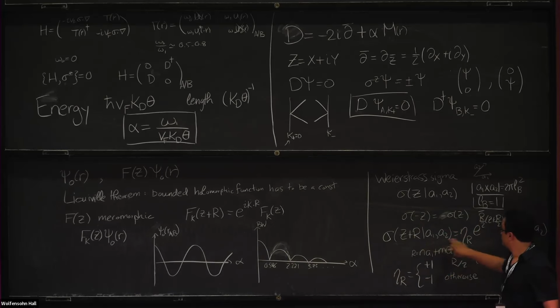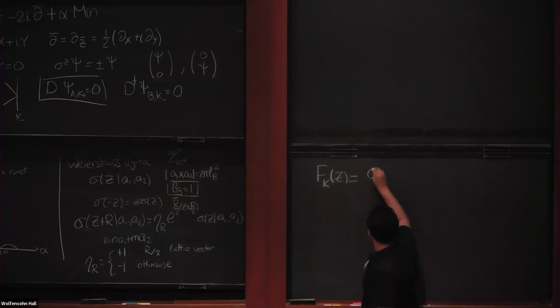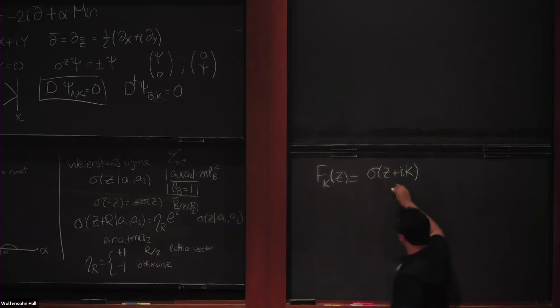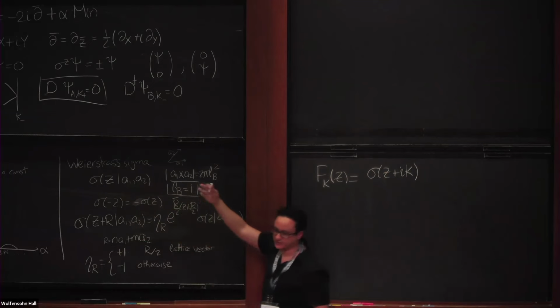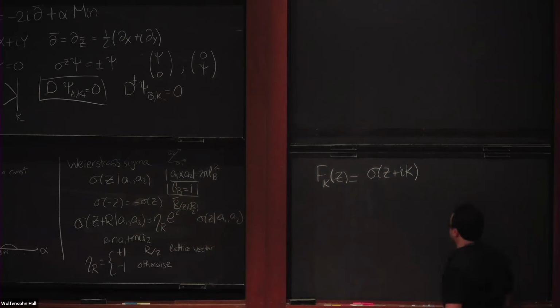So if I now use this property, it's relatively easy to verify that if I define f_k(z) to be sigma(z + ik), and from now on I will not write the lattice parameters explicitly because I always assume I have some lattice, the lattice of the twisted bilayer graphene system, e^{i/2 k̄ z} divided by sigma(z).